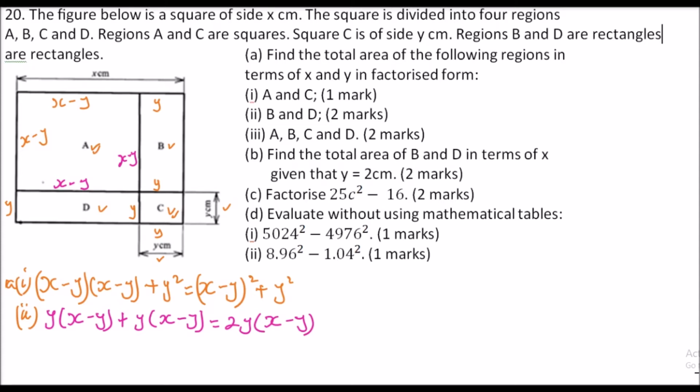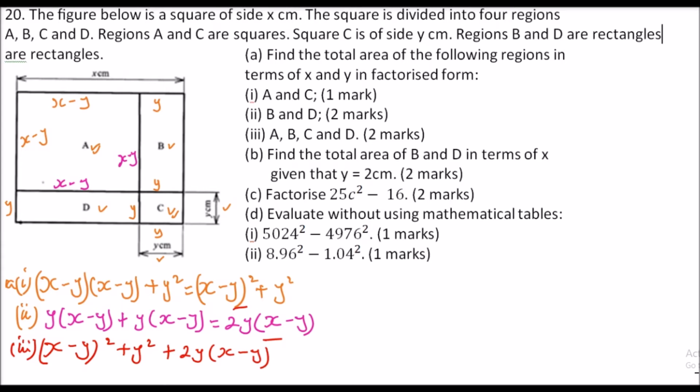Then we go to Roman number 3. We are told to find the total area of A, B, C, and D. So we are going to add this and this. We start with (x minus y) squared plus y squared, that is the area of A and C, and you add 2y into bracket x minus y.